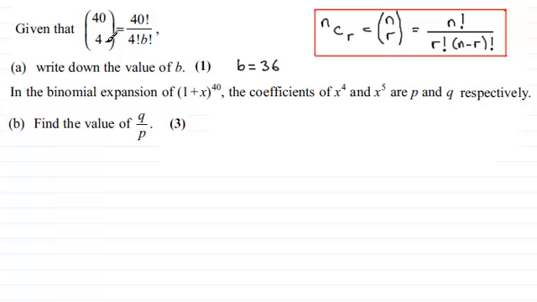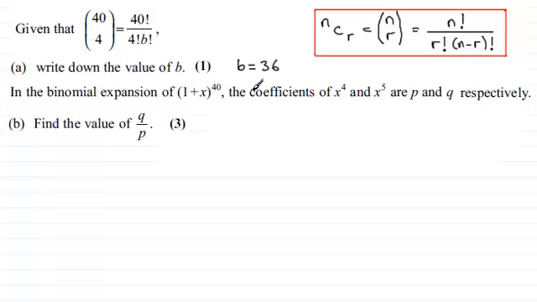So we've got to do 40 minus 4, which is going to be 36. So b would be 36, so we end up with 36 factorial there. Okay?